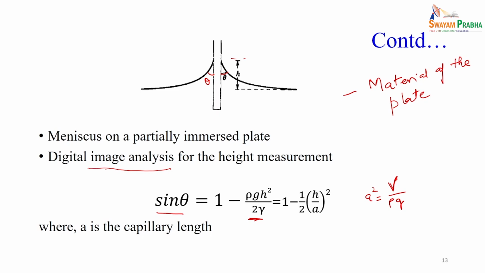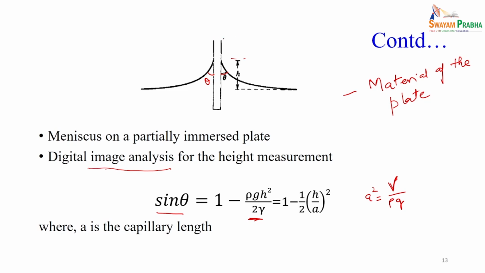One, it should be inert with the liquid. If you remember, when we measure the liquid vapor interfacial tension, there are two conditions. The material should be inert, it should not chemically interact with the liquid. At the same time, it should be lightweight.